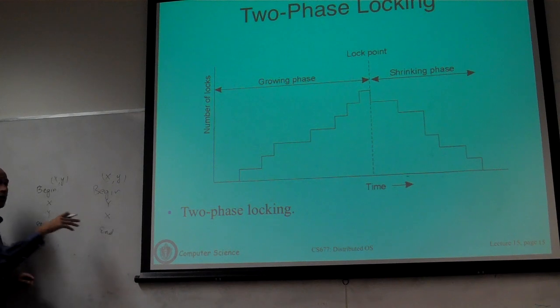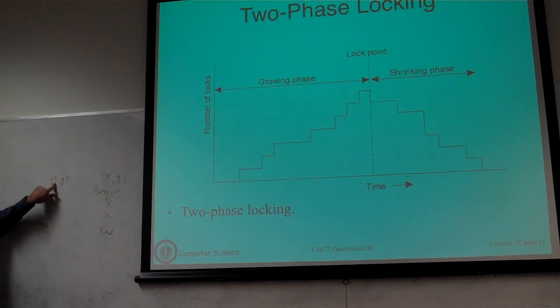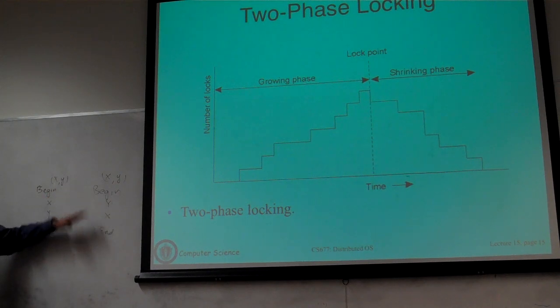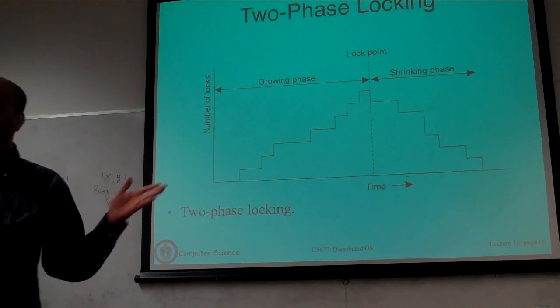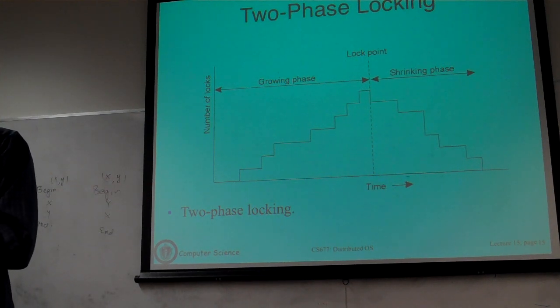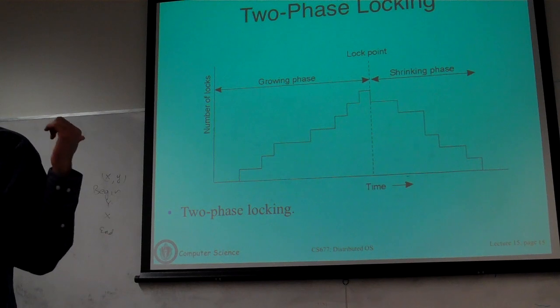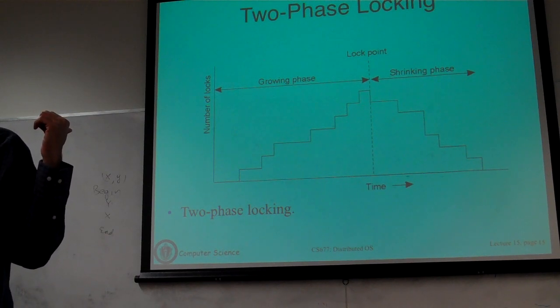If you say that regardless of the order of operations, you have to first grab a lock on X and then grab a lock on Y, then these transactions will proceed smoothly without a deadlock. So you have to analyze what locks you need, order them, and always acquire them in that increasing order. If you do, you will not have deadlocks. If you reorder these things, you will get into these problems.